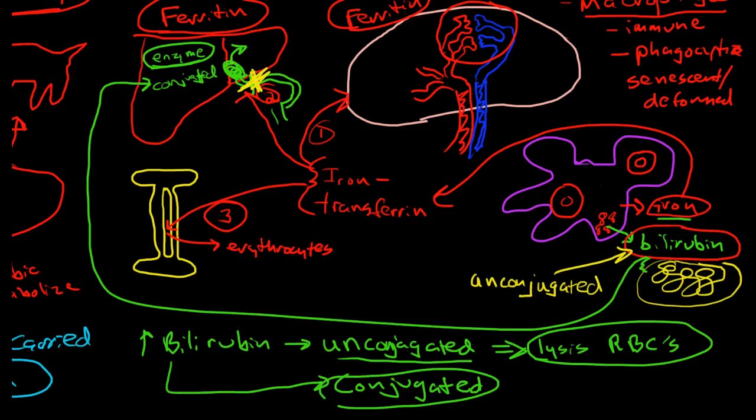So this is a problem with the gallbladder or liver. Okay, so that's why it's a good thing to really understand how that bilirubin gets broken down and processed by the liver before excretion.